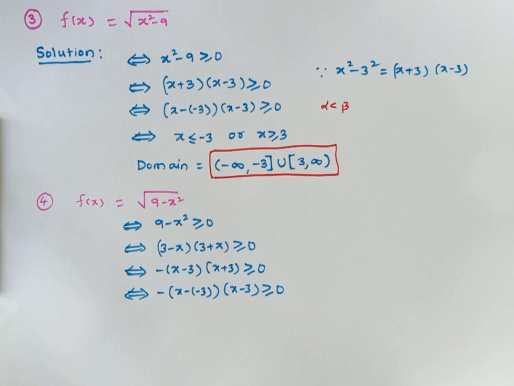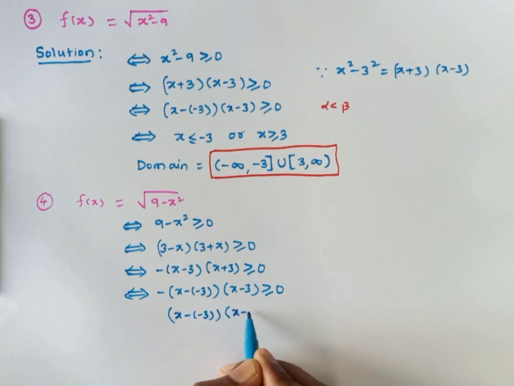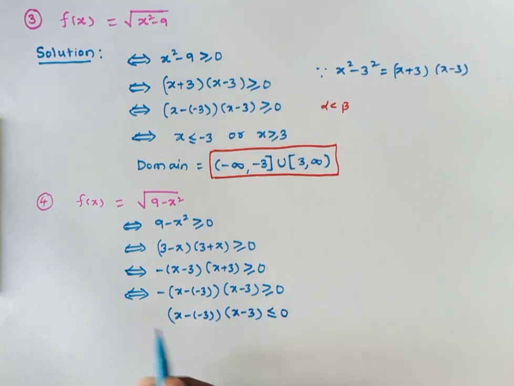So here we need to remove that minus. How to remove this negative? You need to multiply on both sides with a negative sign. Therefore, x minus of minus 3 into x minus 3 is less than or equal to 0.